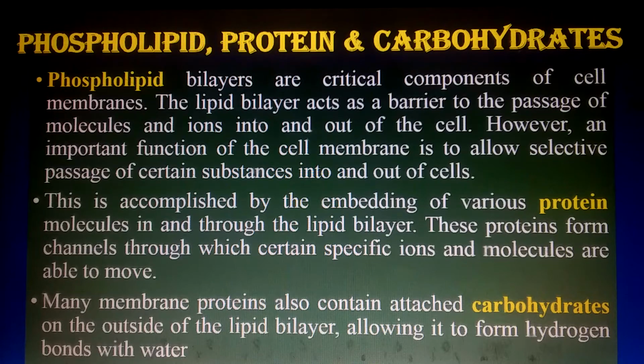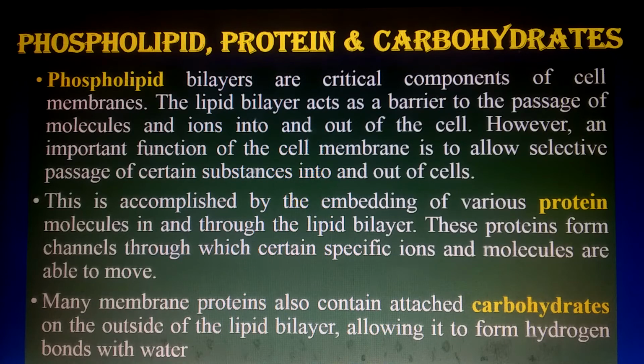First of all, phospholipids. Phospholipids, as I have discussed, are present in the form of the lipid bilayer and are a critical component of the cell membrane. The lipid bilayer acts as a barrier to the passage of molecules and ions into and out of the cell. However, an important function of the cell membrane is to allow selective passage of certain substances into and out of the cell.